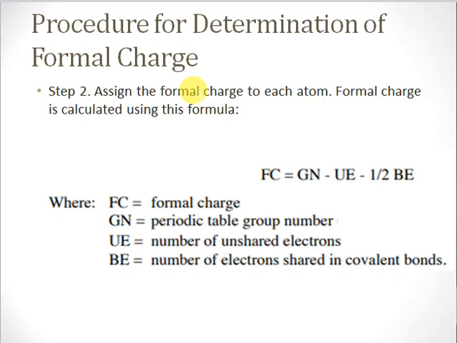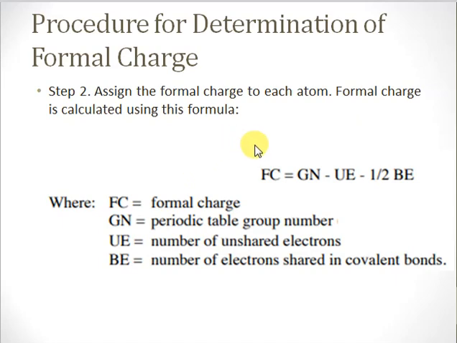In order to determine the formal charge, we have to use a formula. The formal charge, which we represent as Fc, is equal to the group number of an atom, meaning the group number in the periodic table, minus the number of lone pair electrons, that is the unshared electrons, minus half the number of bonding electrons, the electrons shared in covalent bonds.